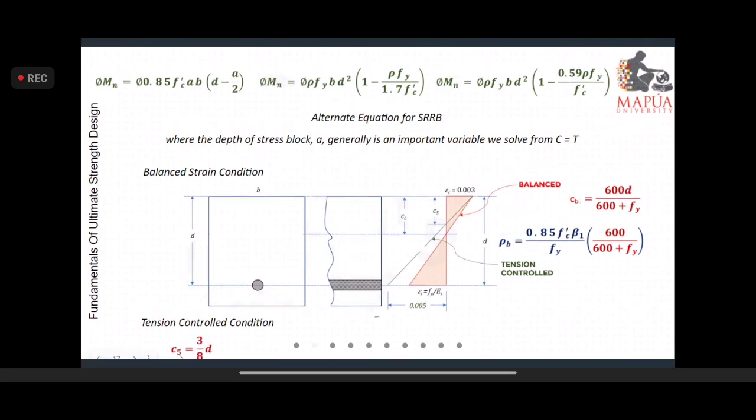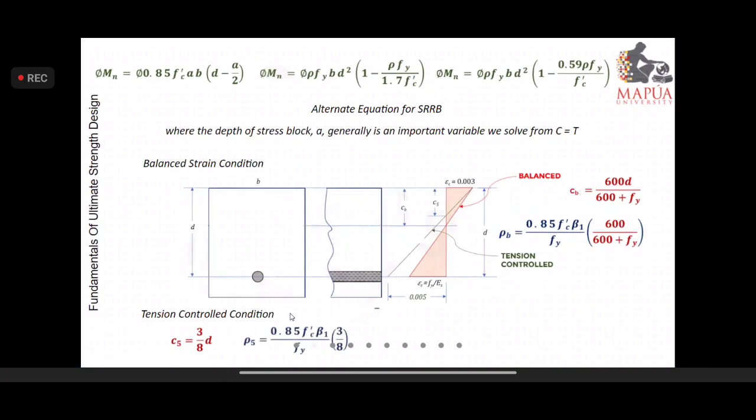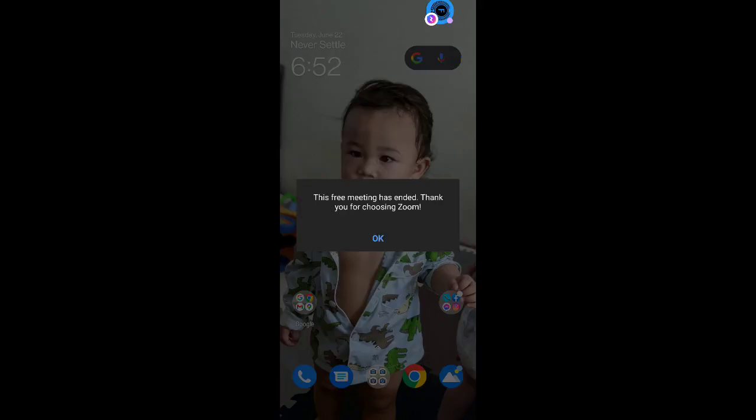The C at 0.005 will be 3 over 8 D. This will be the setup for that matter. 0.85 FC prime beta 1 over Fy times 3 over 8. General equation for the relationship is this one, for the strain.